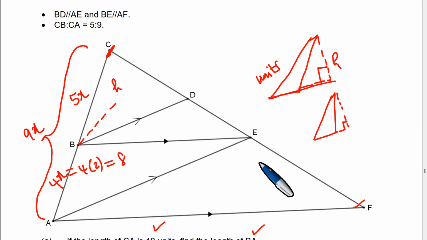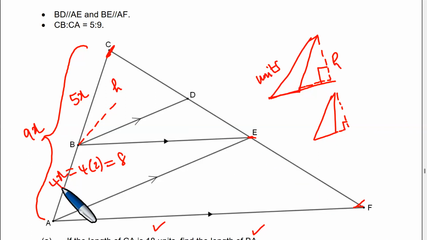If we use the whole of CF, it makes sense to use CE and EF. After you have got those, then you can get this DE, because we must use CF. They gave us CF, and CF now has these parallel lines.